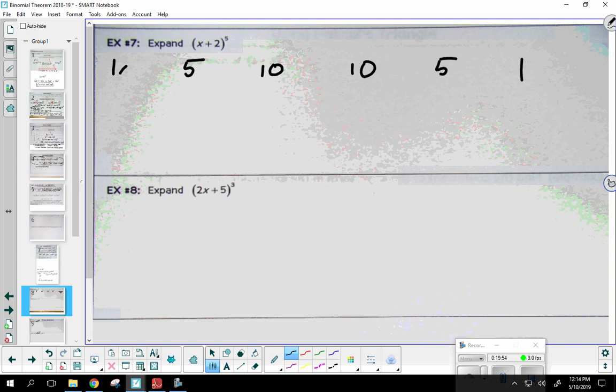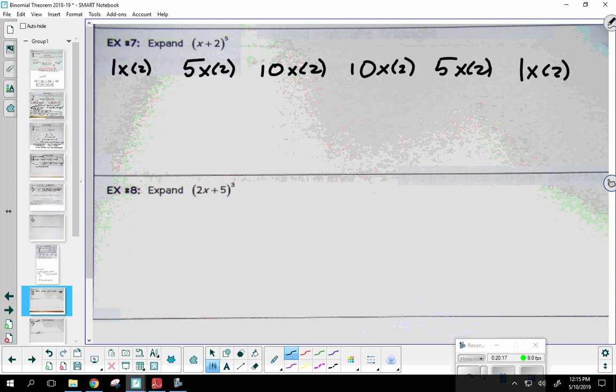So I'm going to say x times 2, x times 2, x times 2. Each term is going to have its own combination of x and 2. Those are what I'm expanding. Just like before when I did a and b, just like before when I did x and 1. Okay, x and 2, x and 2.